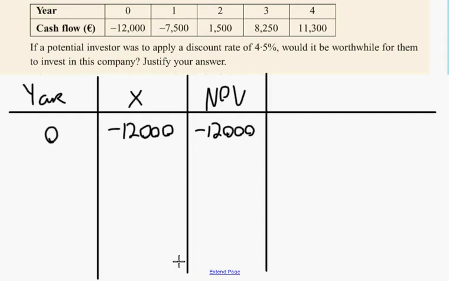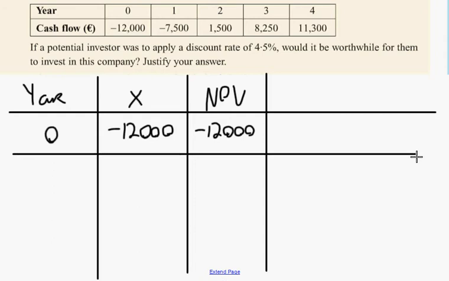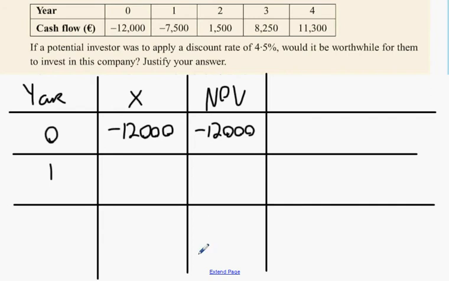Now the next thing they're going to say is, in 1 year's time, you're going to lose 7,500 euro. Okay? Another 7,500. And the deal with this one is that losing 7,500 1 year later is the same thing. You do your F equals P times (1 plus i) to the power of t.